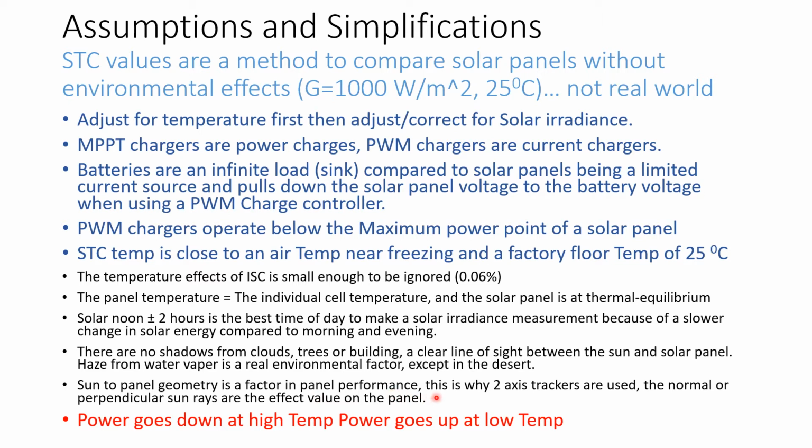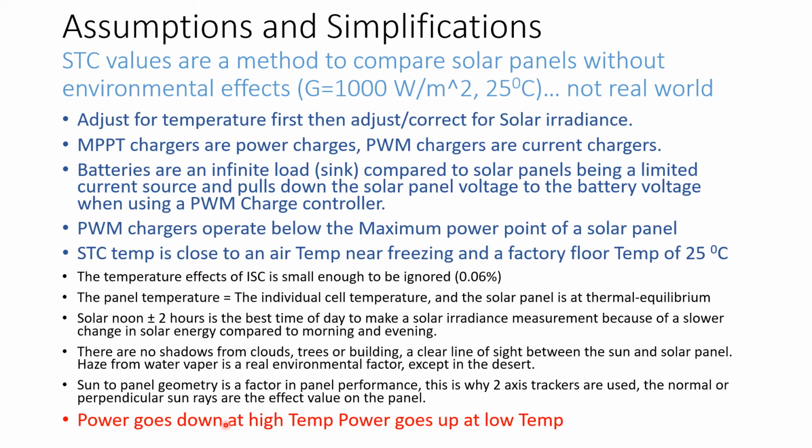on the panel. All right. Off-angle sun rays can always be decomposed into a lateral and a perpendicular component, and only the perpendicular component is effective in making the solar panel work. And there's a slight tolerance there, because if you're off a degree or two, you won't notice it.